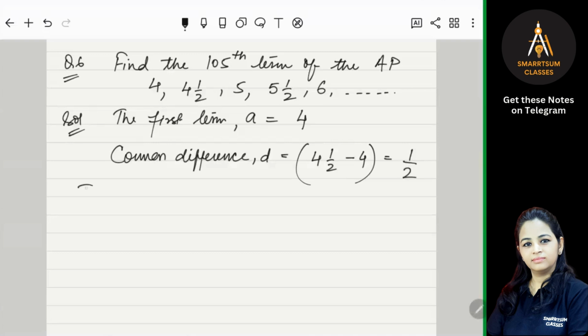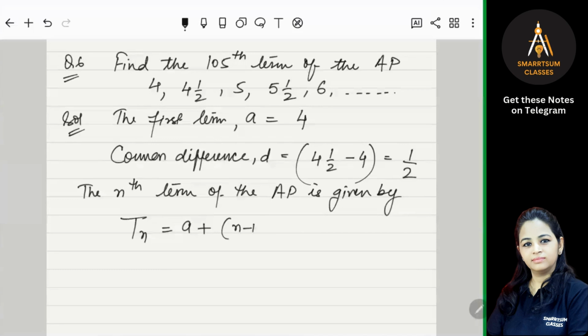Now, the nth term of the AP is given by Tn is equal to A plus n minus 1 into D, right? This is the formula. Now we have to find the 105th term, which means n is 105.